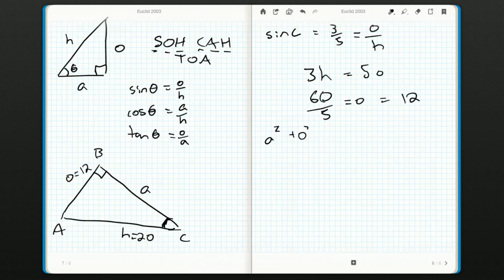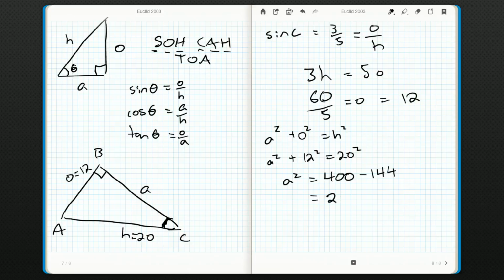A squared plus O squared is equal to H squared. So that's A squared plus 12 squared is equal to 20 squared. Or A squared is, what's 20 squared? 20 squared is 400 minus 12 squared, that's 144. We brought the 12 squared over to the other side. And when we work this out, we get, I think, 256.